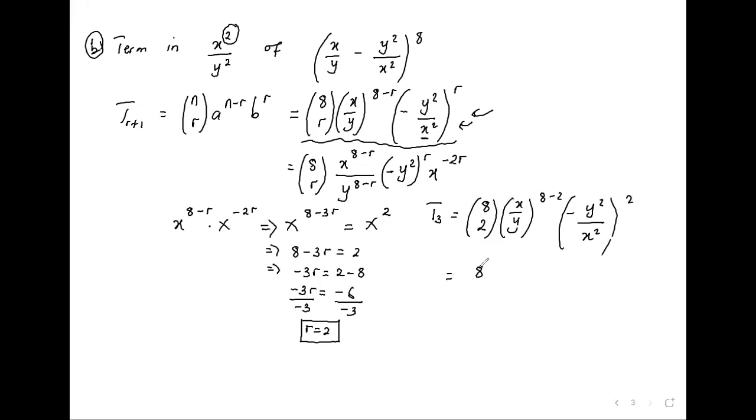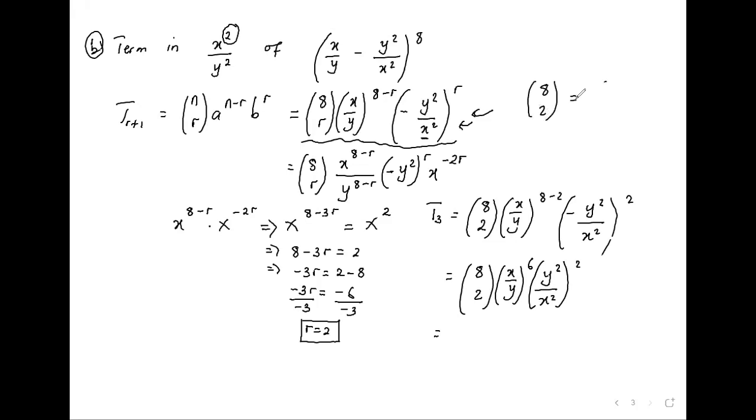That would be 8C2, and then x over y to the power 6, and then positive y squared over x squared to the power 2. So if we split the 2 inside, what is 8 choose 2?